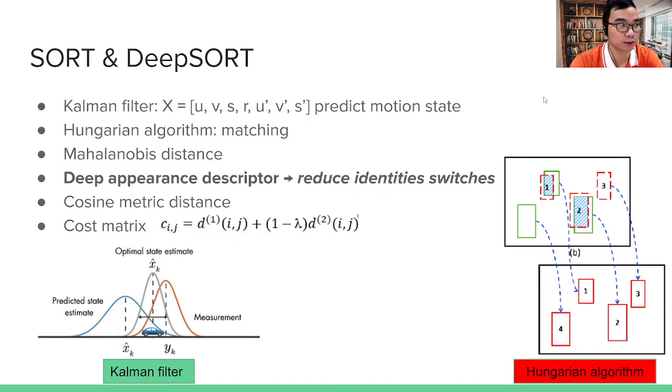Next is the SORT and the DeepSORT algorithm. For each incoming frame, SORT propagates objects that are already tracked in the current frame. The new positions of the already tracked objects are predicted using a Kalman filter with a linear constant velocity model.